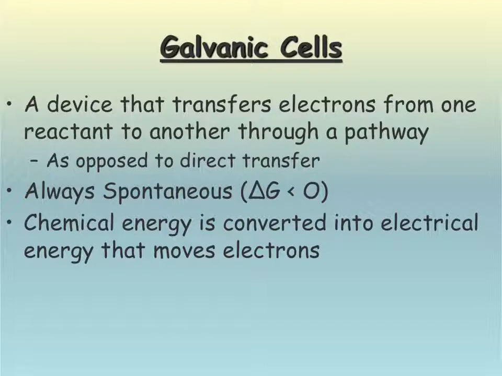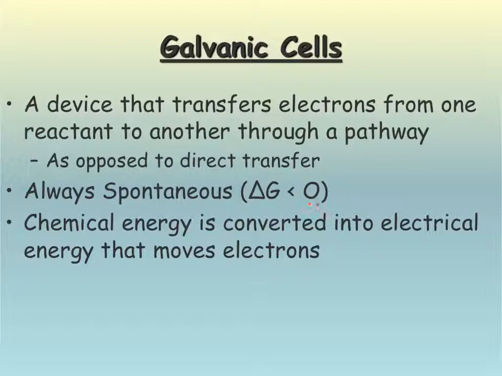All right, so along comes galvanic cells, also known as voltaic cells. A galvanic cell is a device that transfers the electrons from one reactant to another through a pathway, such as a wire, as opposed to direct transfer like we saw before when we put those 2 substances in a beaker together.